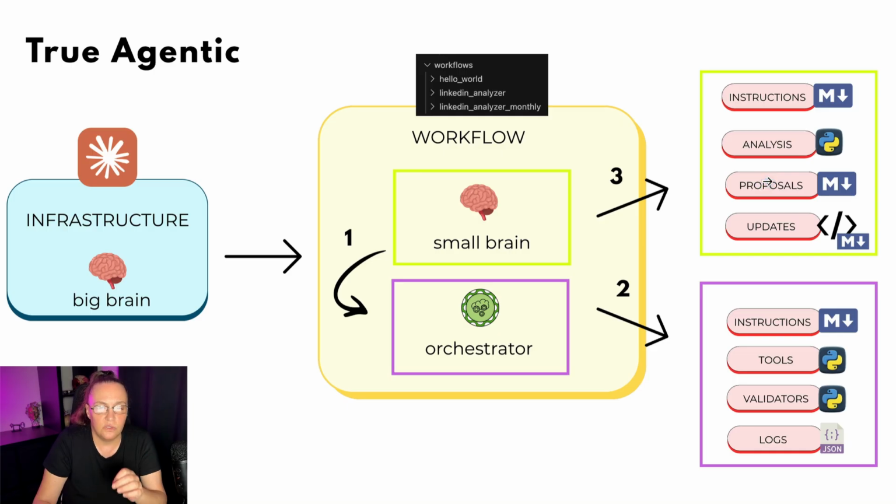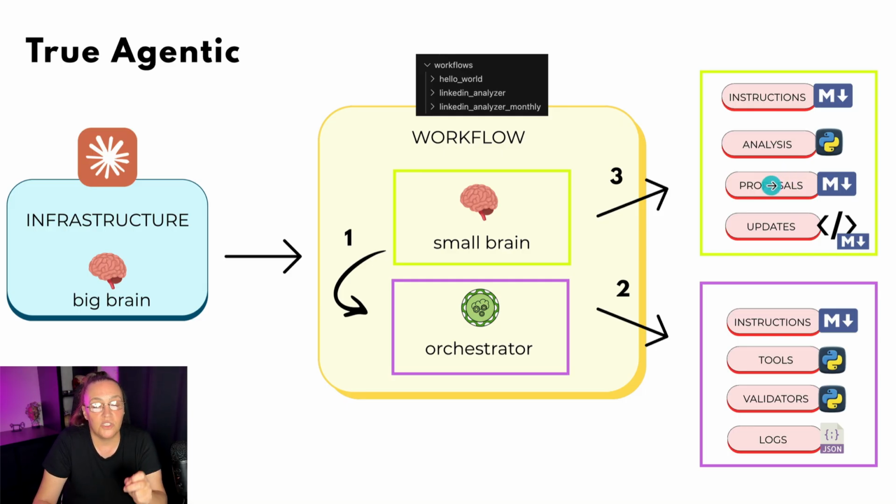This proposal is then logged and waiting for a human, because we don't want our AI to be running on its own. So this proposal is waiting for a human to read through and either approve it, reject it, or edit it and then approve it.